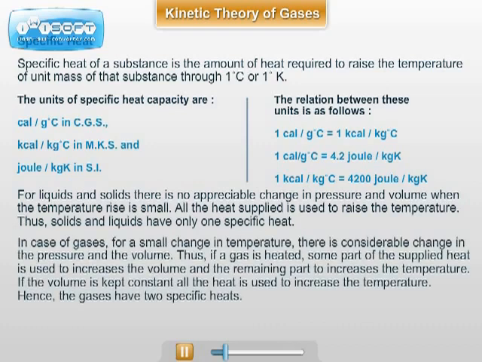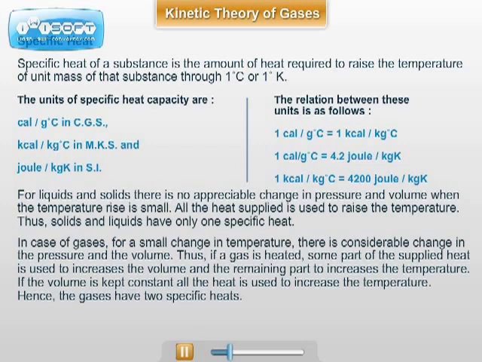But in case of gases, even though the temperature change is small, there is considerable change in the pressure and volume of the gas. This means when a gas is heated, some part of the supplied heat is used to increase the volume of the gas or to do external work, and the remaining part of the supplied heat is used to increase the temperature.